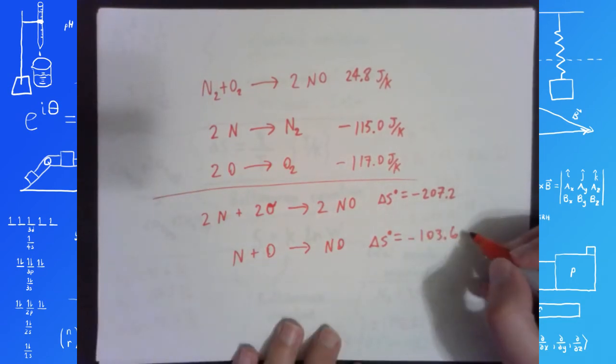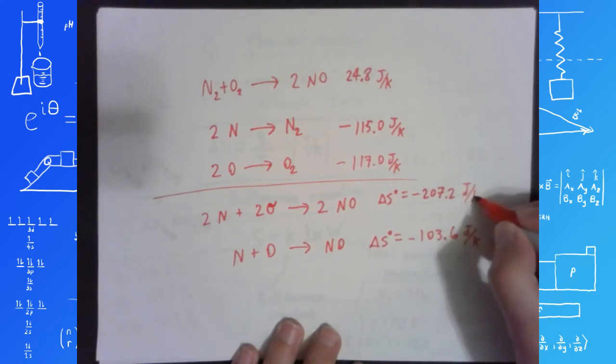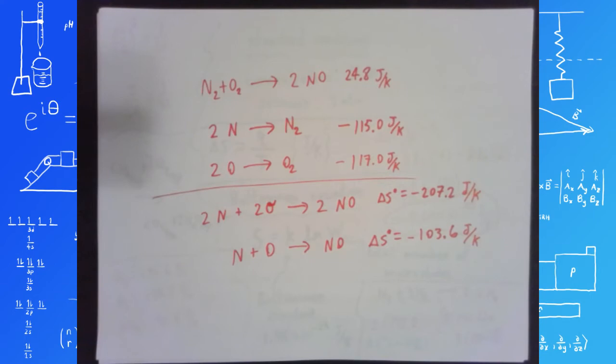Negative 103.6 joules per Kelvin. So there you go. Nothing too different from what we did before with enthalpy. If you remember everything we did in video number 6, then this shouldn't be too hard for you.